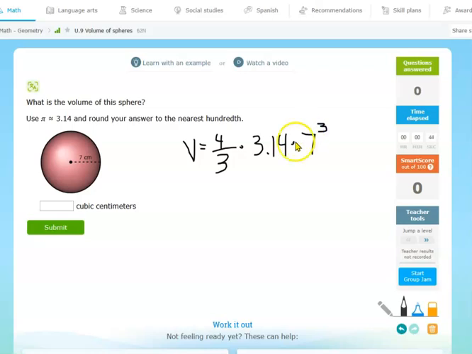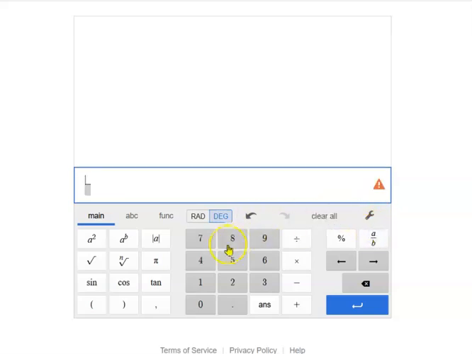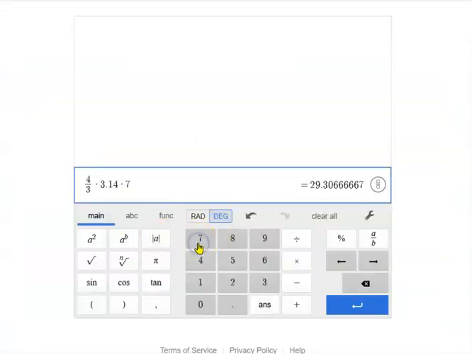Let's pop over to the calculator and put it in. 4/3 times 3.14 times 7 cubed. Okay, so fraction, 4 as our numerator, 3 as our denominator. Pop the cursor out of the fraction, times 3.14 times, and the radius was 7. 7 cubed, and now there's no cubed key here.